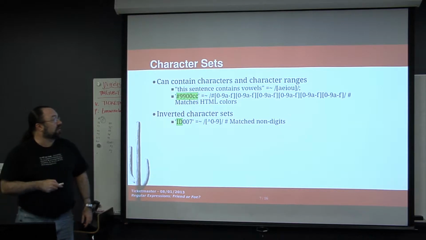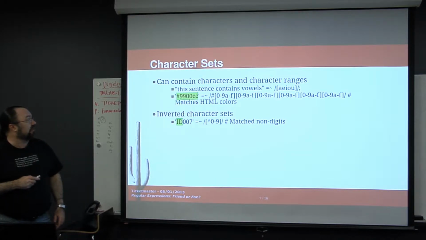Okay, so if we want to make a pattern that matches an HTML color, we've got a number sign, which we don't have to backslash because it doesn't have any particular meaning. And then we've got a character set. Now you notice what's different here is you can specify ranges as a shortcut.